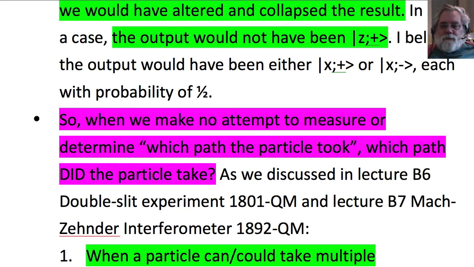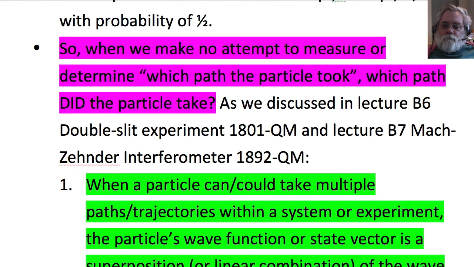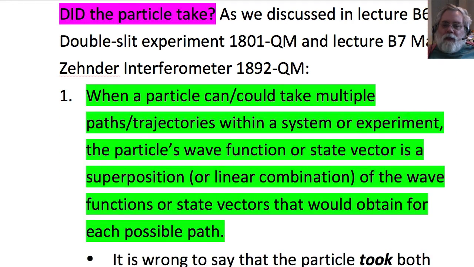Now, we've discussed this in 2 lectures before. B6, the double slit experiment, and B7, the Mach-Zehnder interferometer experiment. When a particle can or could take multiple paths or trajectories within a system or experiment, the particle's wave function or state vector is a superposition or linear combination of the wave functions or state vectors that would obtain for each possible path.